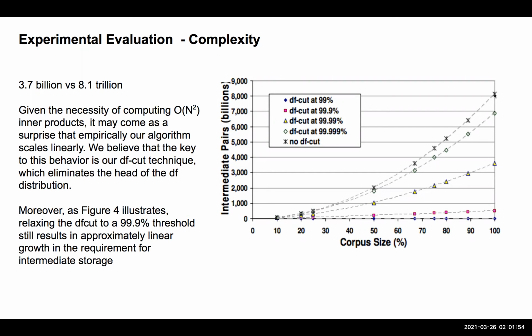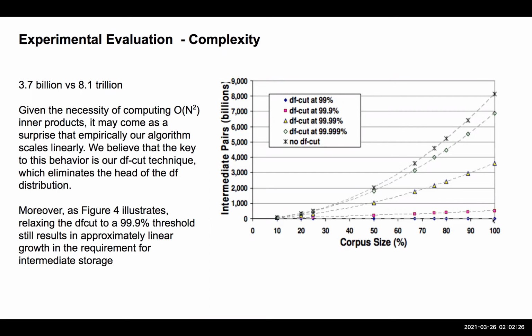Previously we mentioned they remove 1% of the most frequent terms, and here they compare removing 1% with not removing. There is a significant difference in the number of intermediate pairs.